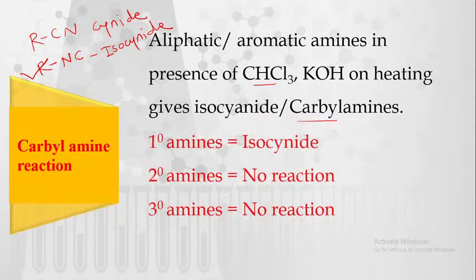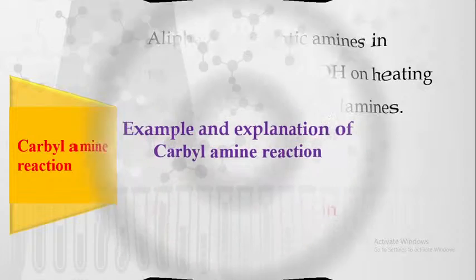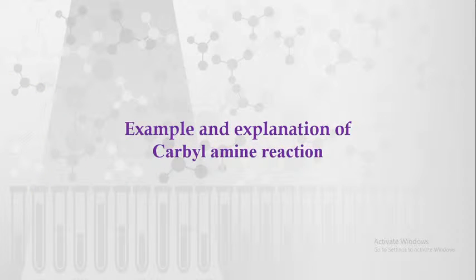Primary amines give isocyanide, but secondary and tertiary amines do not show any reaction with CHCl3 and KOH. We'll see first the general reaction and the examples and explanation based on this carbylamine reaction.